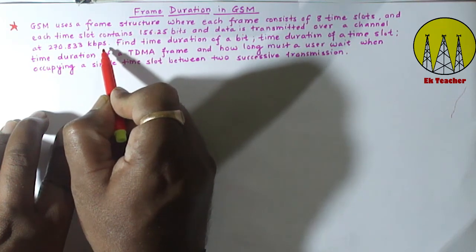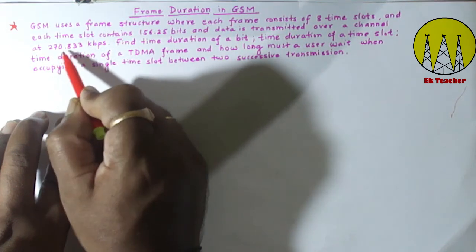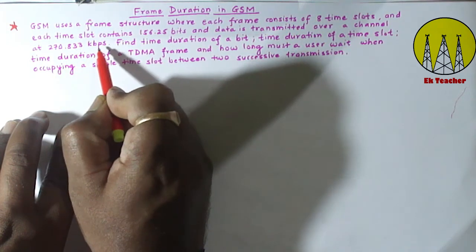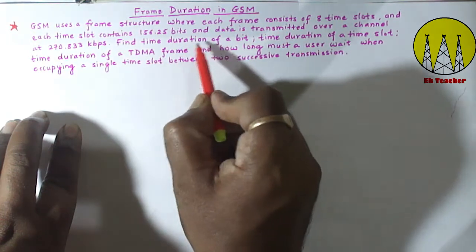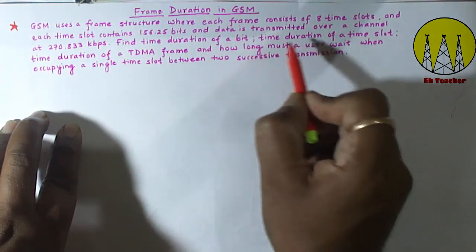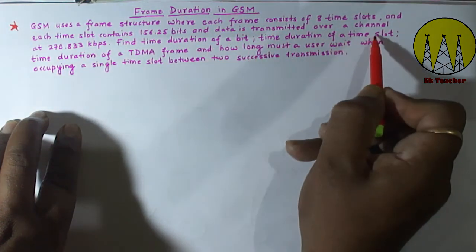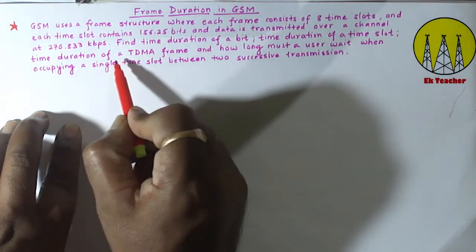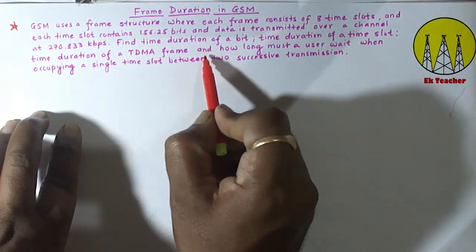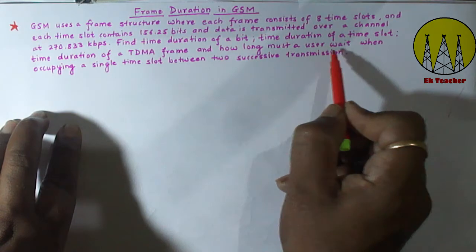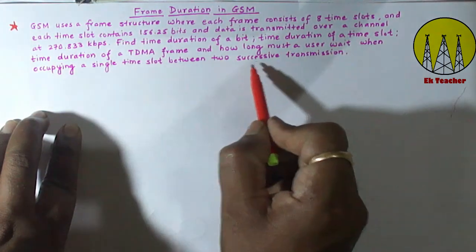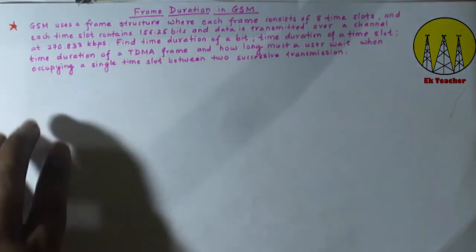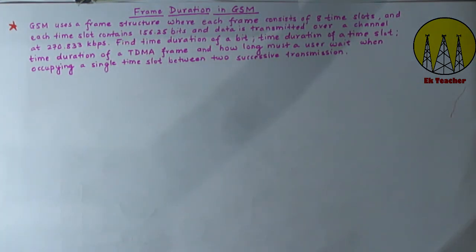The data rate is given: 270.833 kilobits per second. You have to find the time duration of a bit, then the time duration of a time slot, then the time duration of a TDMA frame, and how long must a user wait when occupying a single time slot between two successive transmissions. So this is a very important question.